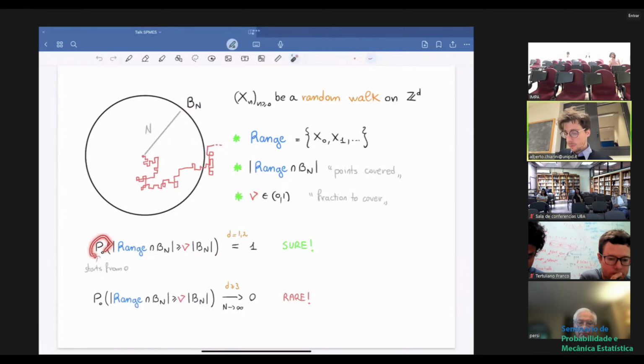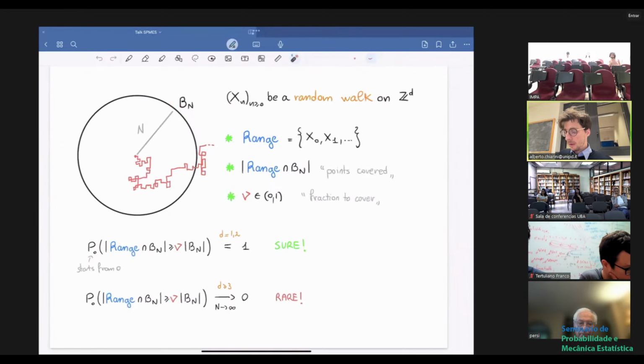If we look at a random walk starting from the origin, and we look at the range intersected with this macroscopic body, then it will cover all of the set, because the random walk is recurrent. So this probability is equal to 1 in dimension d equal 1 and 2. The random walk will cover all of the set, no matter how small or how large the fraction is. When the dimension d is greater or equal than 3, this becomes a rare event, and the probability goes to 0.